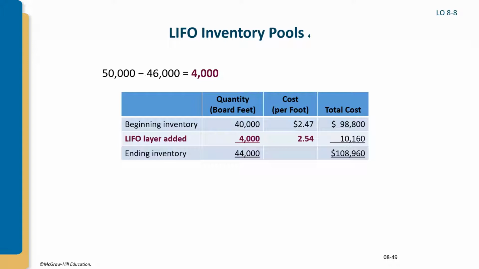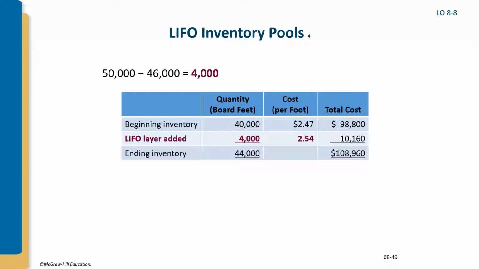Under LIFO inventory pools, we say the first 40,000 cost $2.47. The next 4,000, because we're adding inventory here, cost $2.54. And if you're going, well, remember, what would you have done? You would have removed all the inventory to this point because the newest items are sold first.